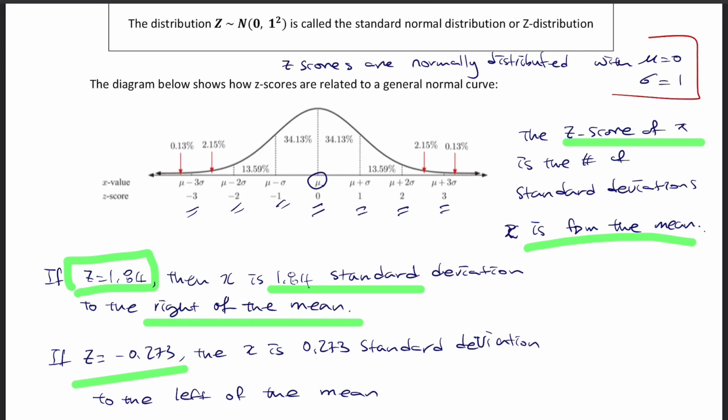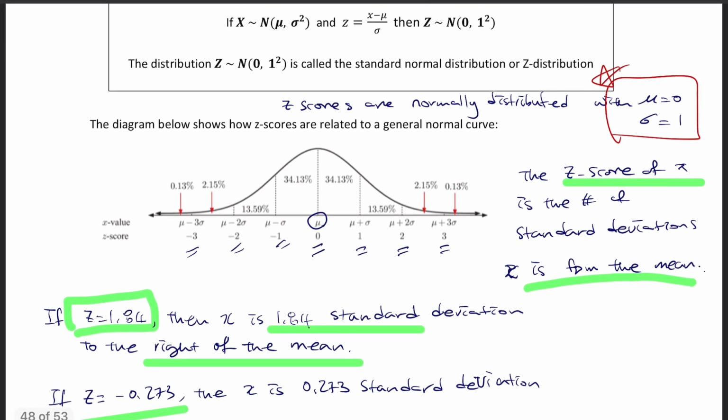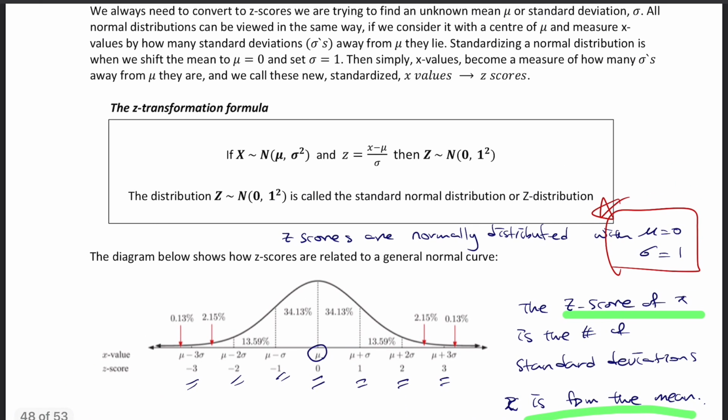So this is something that you need to remember. And as you can see here in the formula box, we have Z is N(0, 1 squared), which is called the standard normal distribution or the z distribution, right? This is the notation that identifies the z distribution.